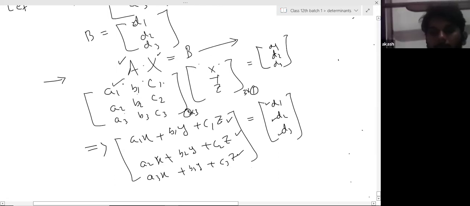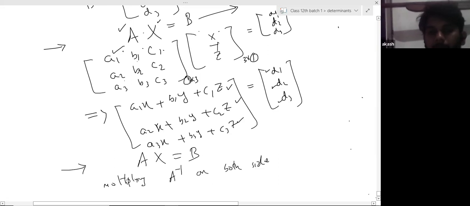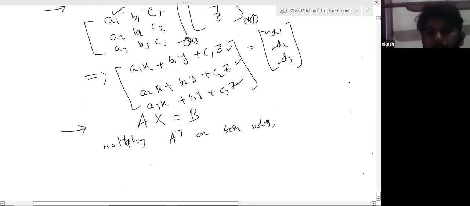So from here, multiplying A inverse on both sides, we get A inverse A X equals A inverse B. Any doubts on this?